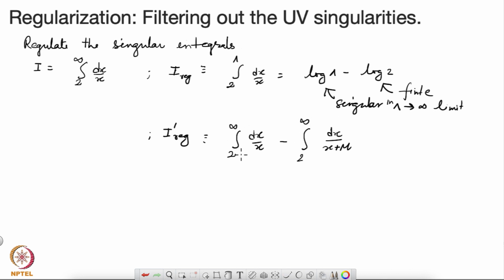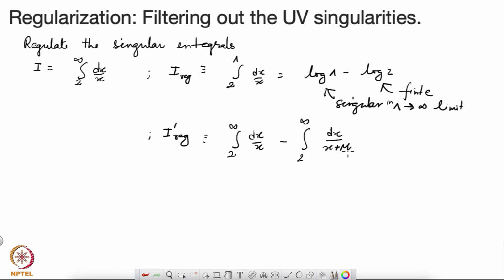Let's see why this will regulate the integral. The lower limit 2 is not a problem; nothing diverges at x equal to 2. But when x goes to infinity, this is diverging. It has 1 over x, and that becomes singular, and the integral of it is also singular.